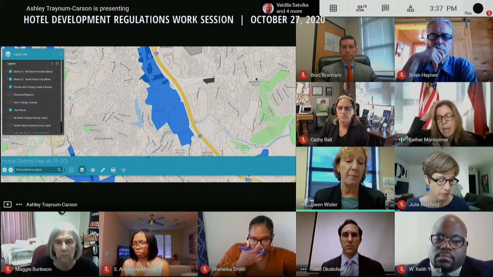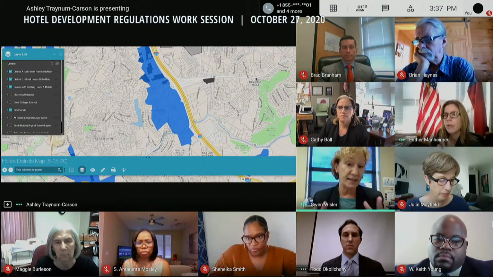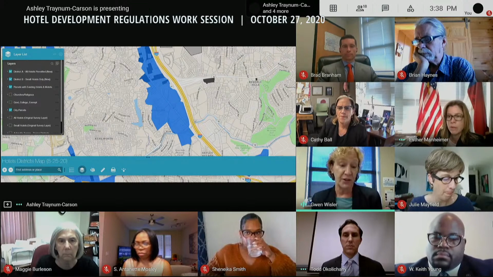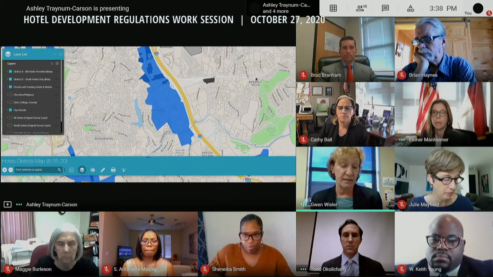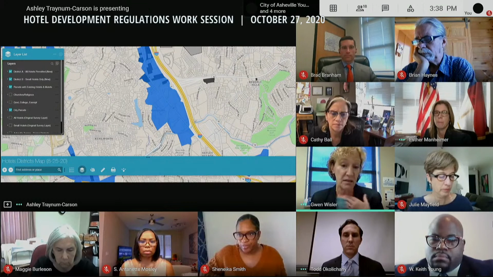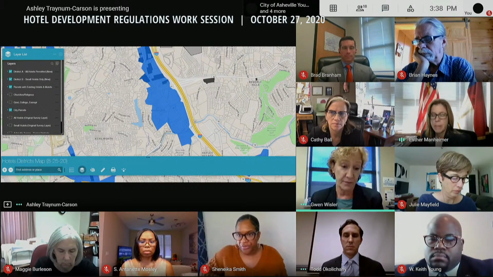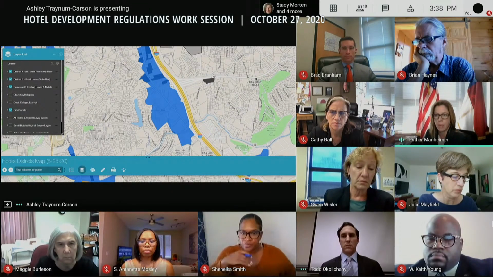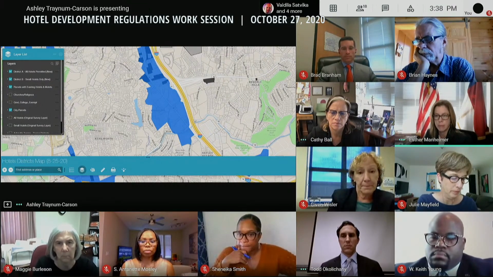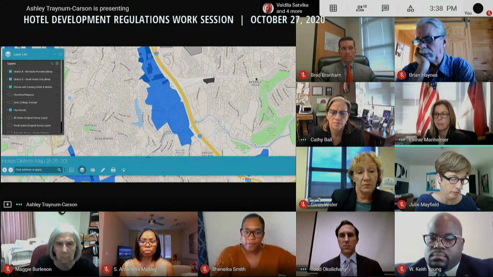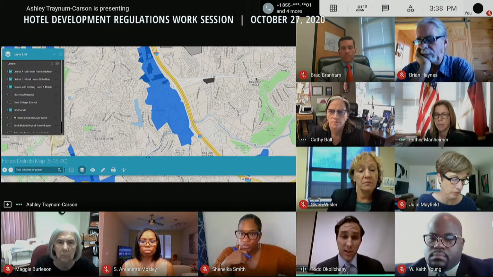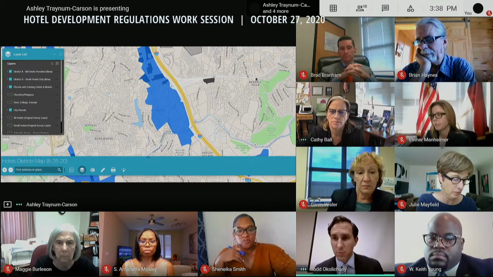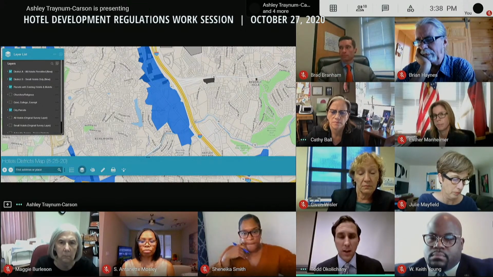Making it blue says it can be hotels, but then on top of it you're putting the urban center. So which is the defining overlay? Am I wrong that probably Biltmore Park would be the example of how that would end up? Potentially, that's a possible vision for this area, to look something like that in the future.